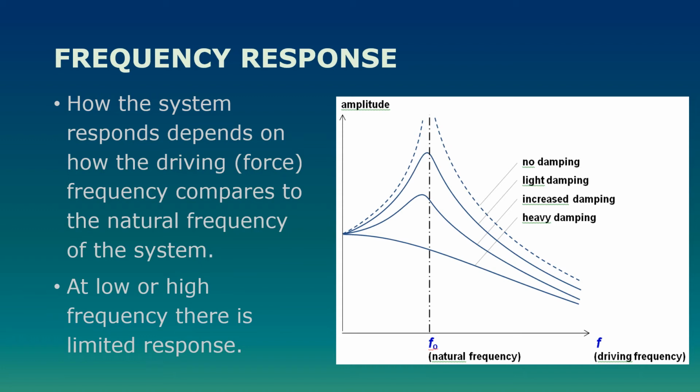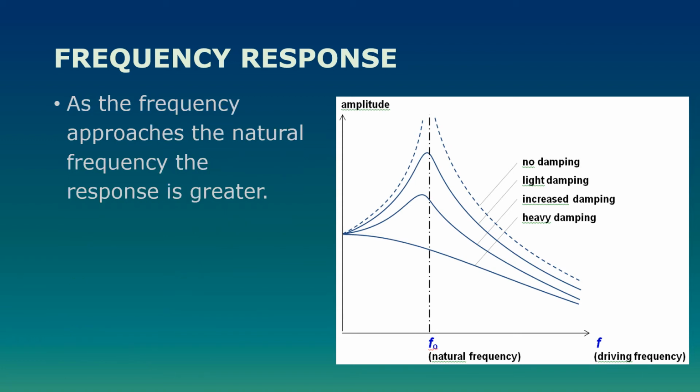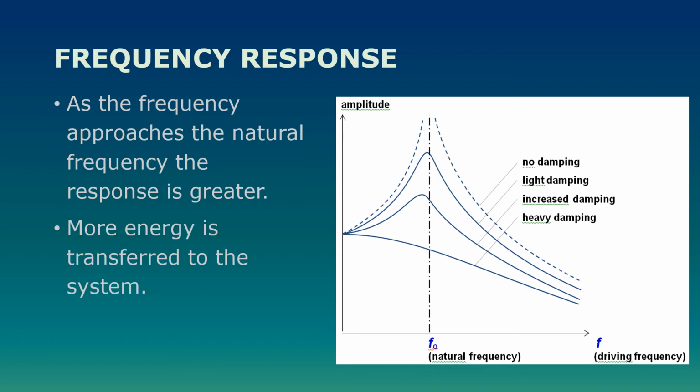The high response occurs when the driving frequency is aligned with the natural frequency. As the frequency approaches the natural frequency, the response is greater. So if the child has a natural frequency on the swing and you push at that natural frequency, what you will get is a maximum response, because you are inputting energy at the right point in every cycle to push further on.